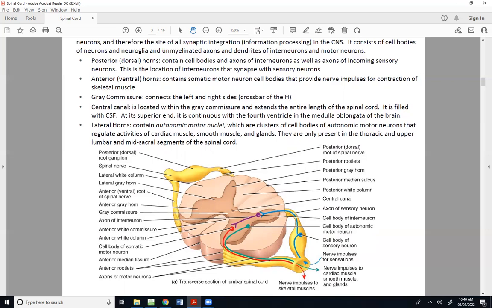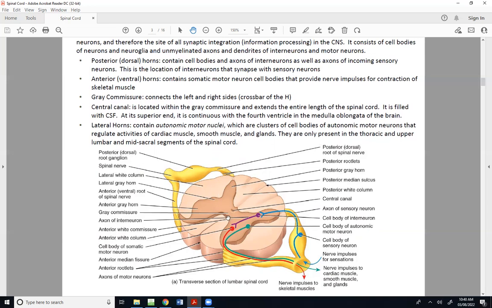Remember, autonomic motor neurons are those that carry signals out to places like our cardiac muscle and our heart, smooth muscle that's like in the middle of our stomach or our bladder or the uterus, as well as glands. If you think about that part of our spinal cord, the thoracic, upper lumbar, that's pretty close to things like your stomach, your heart, etc. And then the mid-sacral segments of your spinal cord, that's down there by a lot of things like your bladder, the ureters, reproductive urinary type structures. So that would make sense. Those signals are going to come from the spinal cord directly to those organs from our lateral horns.